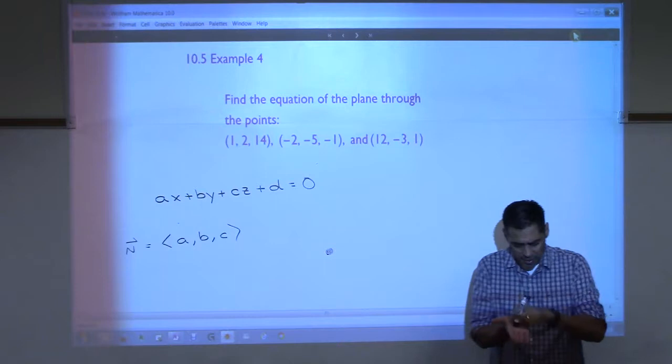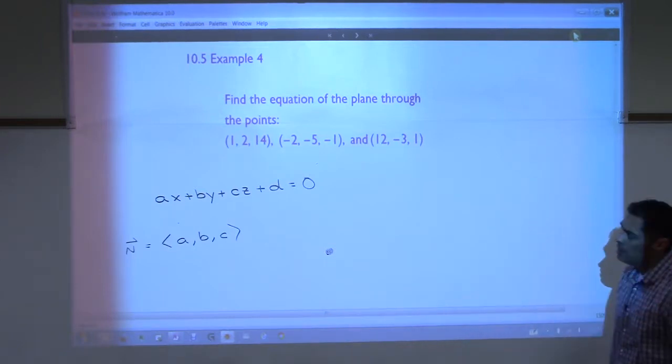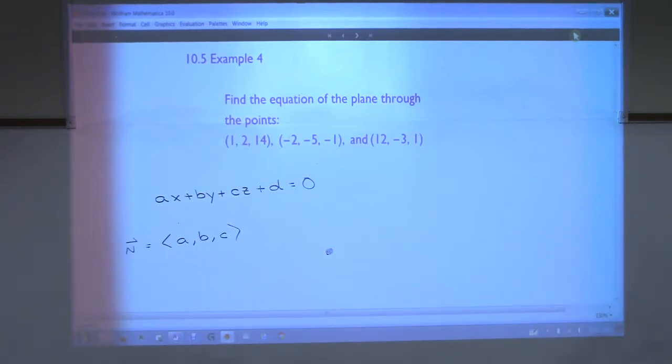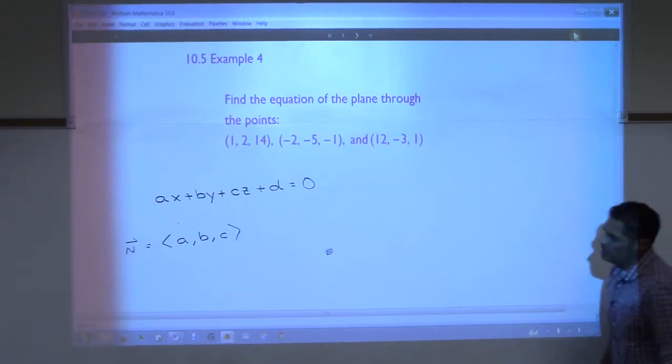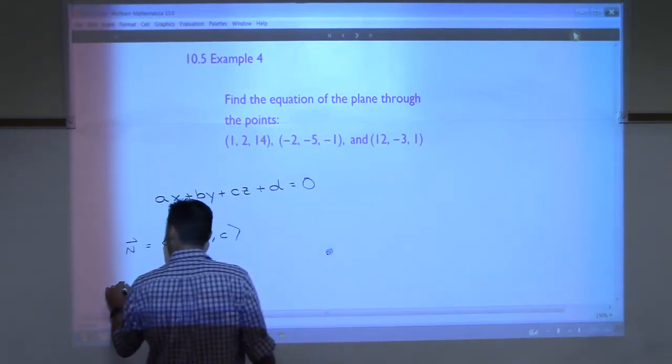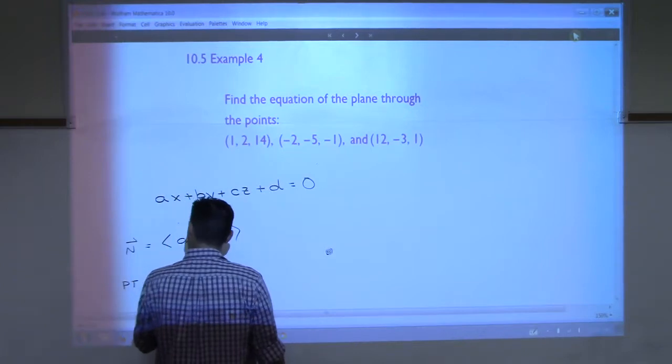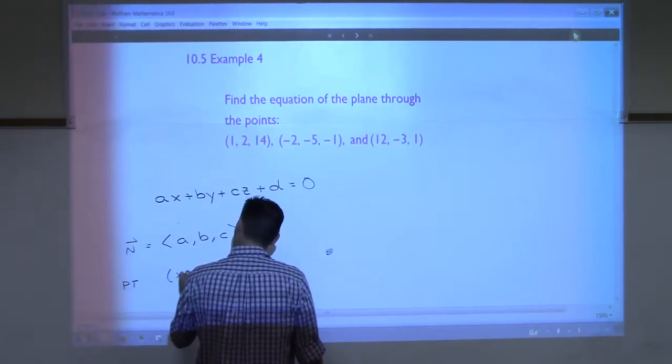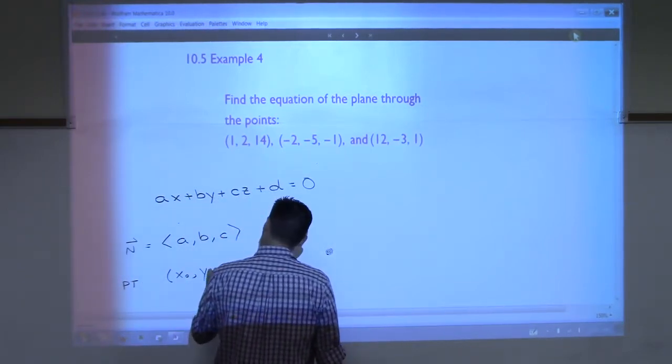So that's the one that sticks out, that's orthogonal. So really, I just need to know what that vector is, and I also need a point. And the point can be any point on the plane.